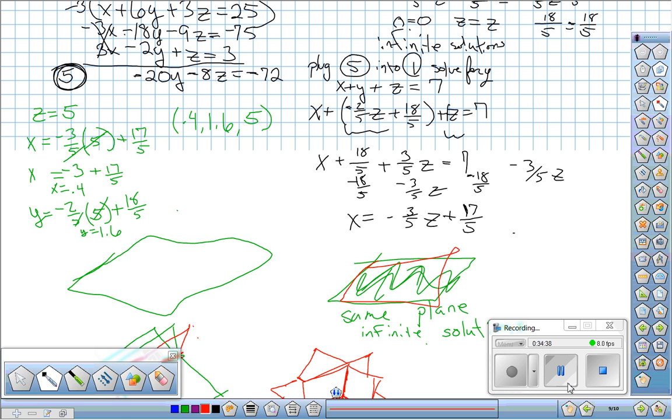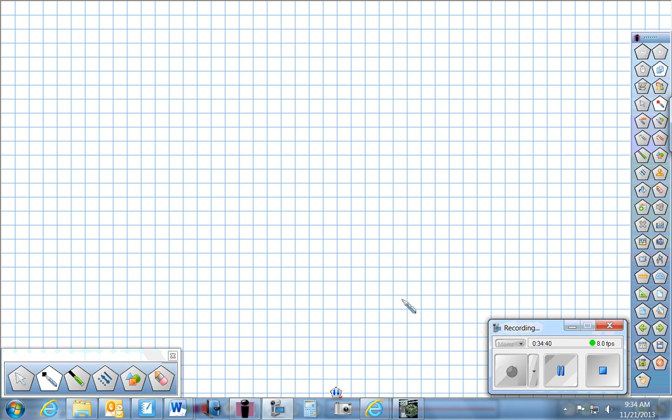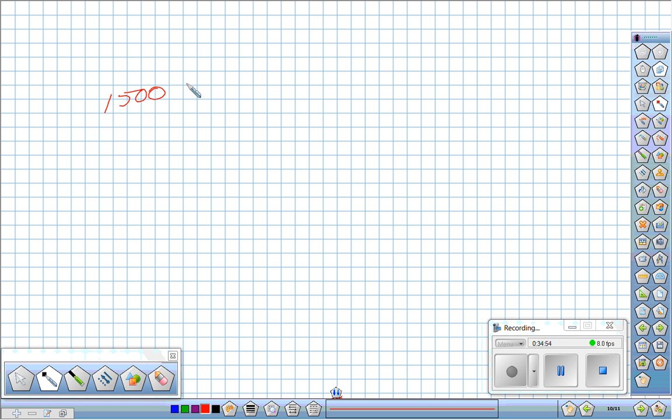Okay, real fast, I will just go through setting up an equation for you guys. We won't solve it because I think you guys should be able to solve them now. Okay, so the question here says Luis inherited $15,000 and invested part of it in a money market account, part in municipal bonds.